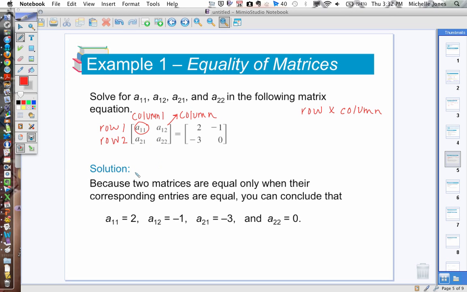So it makes sense that the value in our bottom corner, A sub 2,2, is row 2, column 2. So right here, we're just trying to figure out what our values are. A1,1 is going to be the value 2. Here you have A1,2. Here you have A2,1. And then, of course, A2,2 is 0.